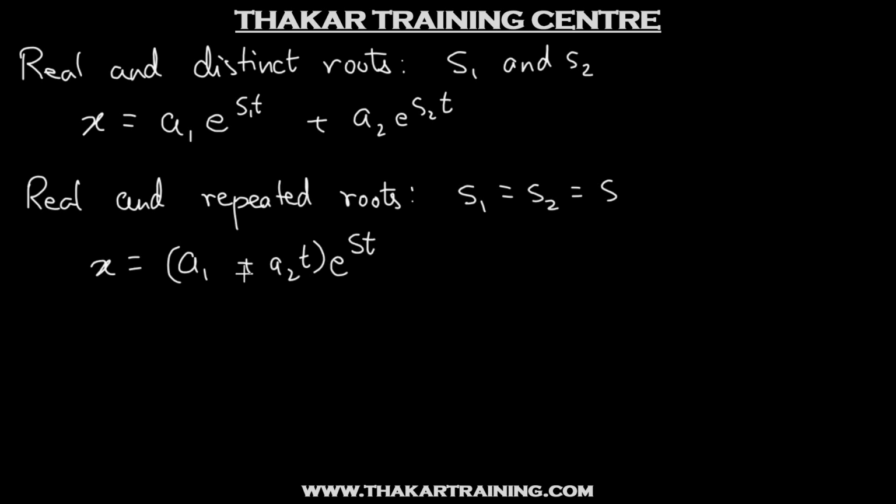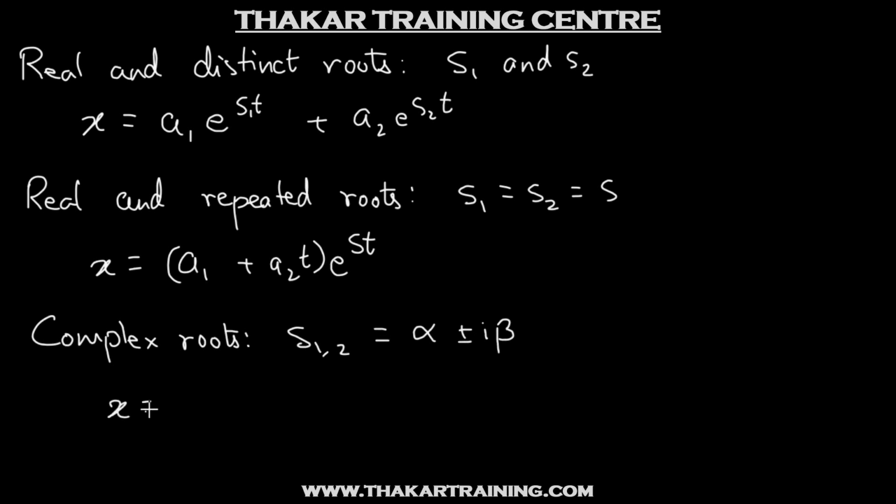Finally, if the roots are complex, so s1, s2 are of the form alpha plus or minus i beta, then the solution form is e raised to alpha t times (a1 cos beta t plus a2 sin beta t).